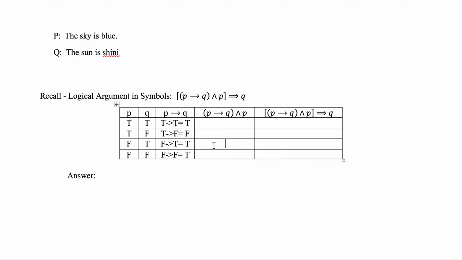So our next column is going to take the answers to P arrow Q. So that's these letters over here, the answers. So I'm going to write those down. TF, TT.